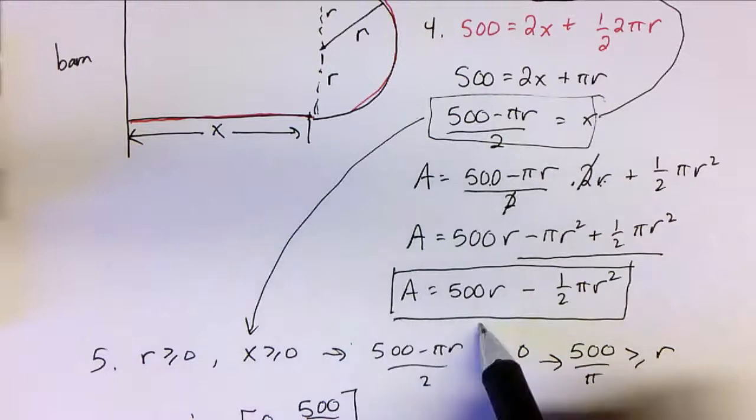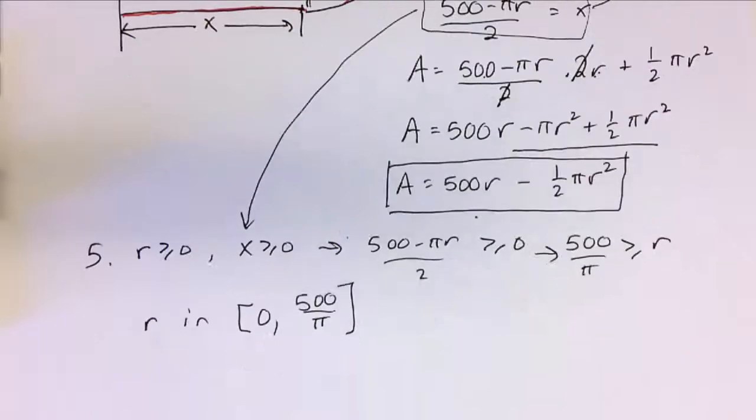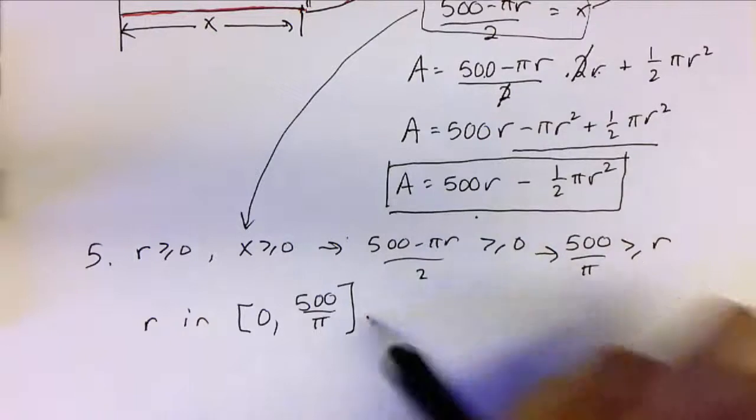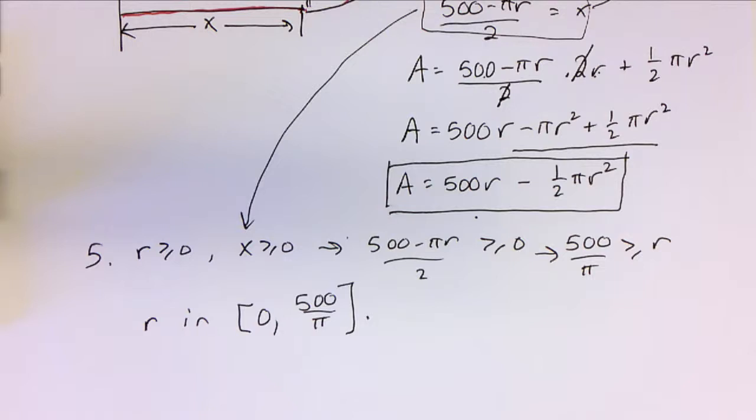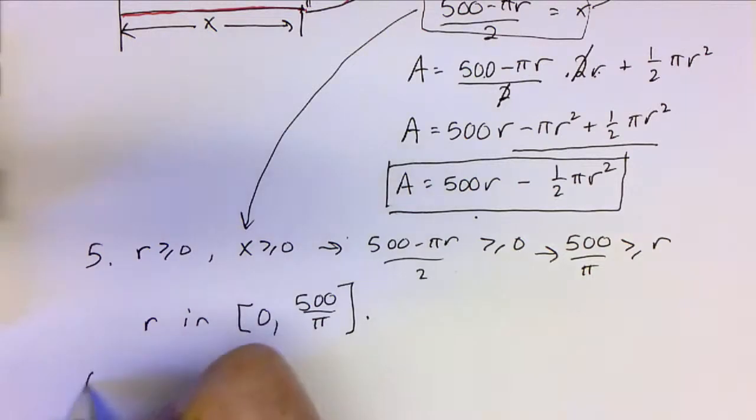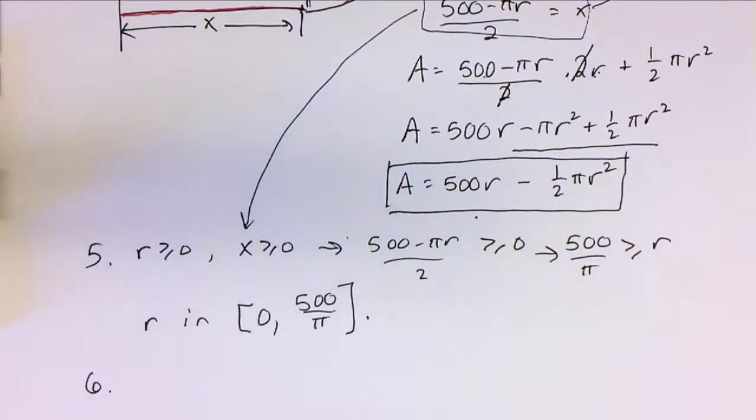Now I have a continuous function on a closed interval, and so I can use the closed interval method to find the absolute max and the absolute min. So step 6 is where the only calculus occurs.